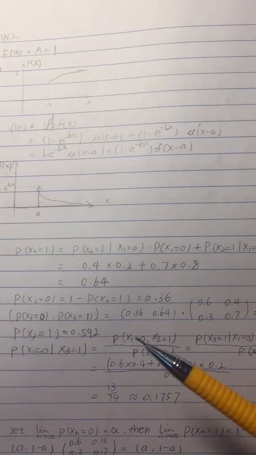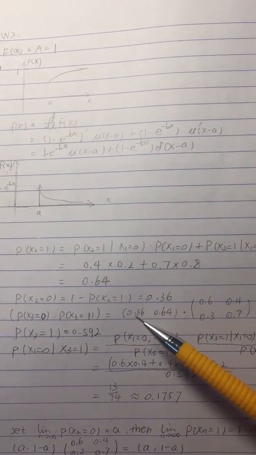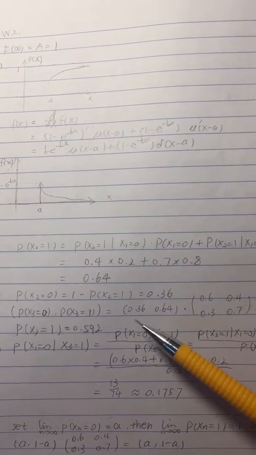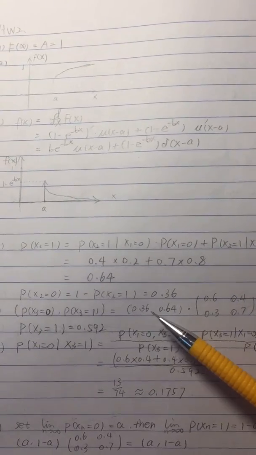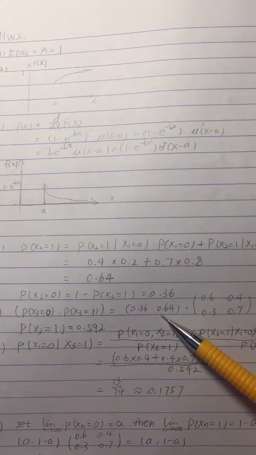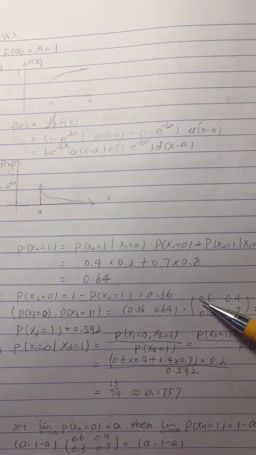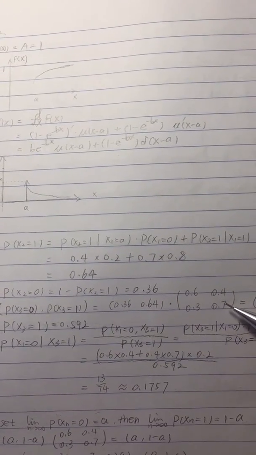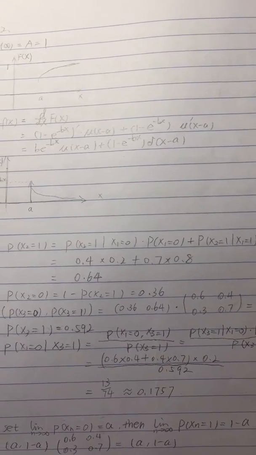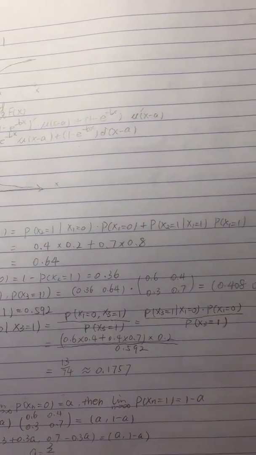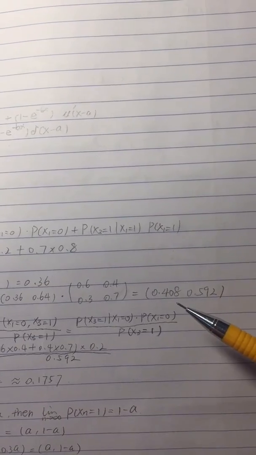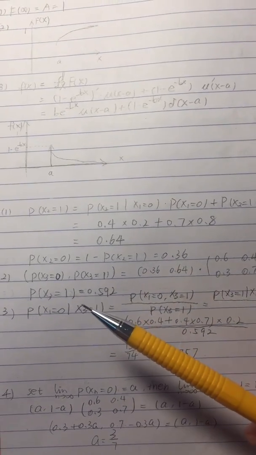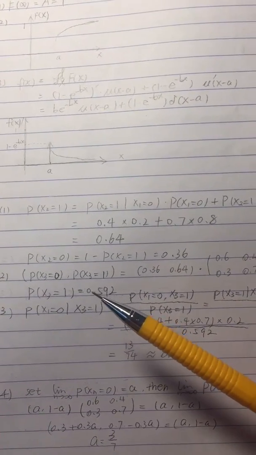That is the probability of x2 equals 0 and the probability of x2 equals 1 times the matrix 0.6, 0.4, 0.3, 0.7, which is mentioned in the problem, equals 0.408 and 0.592. So 0.592 is the probability of x3 equals 1.